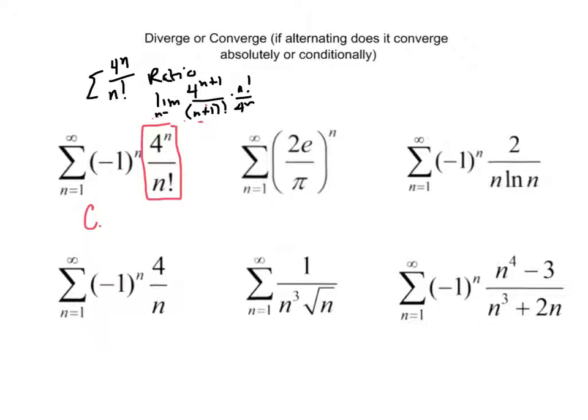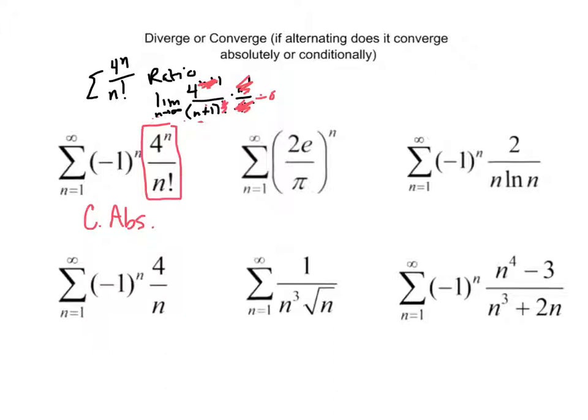And the limit is 0 in this case, because it'll be 4 over n plus 1, and the limit's 0. So without the alternating part, the series would converge anyway. Well, that means that this series converges absolutely, because it would converge even without the -1 to the nth power.